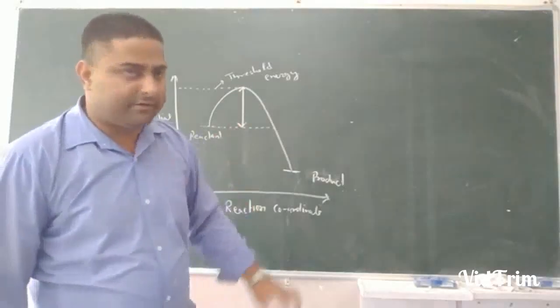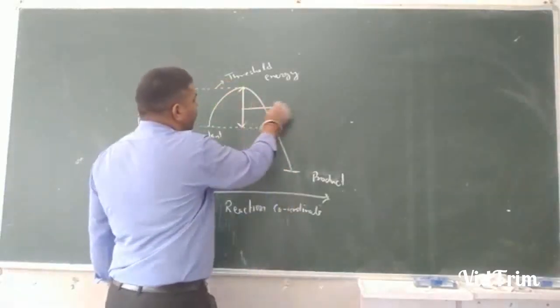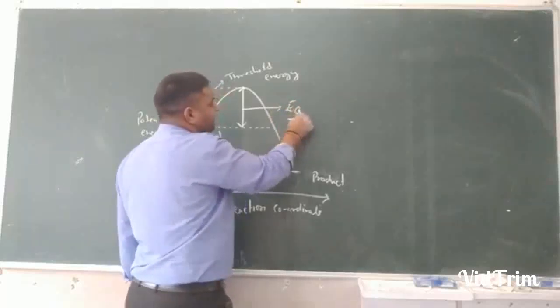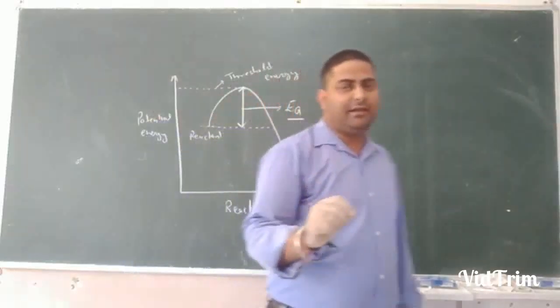So this barrier, this one, is called activation energy, written as EA.